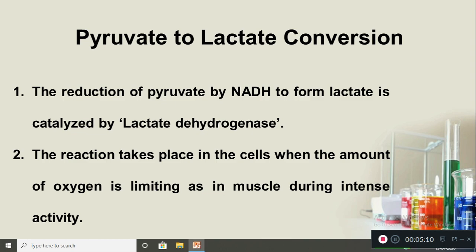Usually lactate is produced in our body when you do vigorous exercise, when your activity level is high. During that time, pyruvate is converted into lactate to give energy. For this conversion, the enzyme lactate dehydrogenase is very helpful.